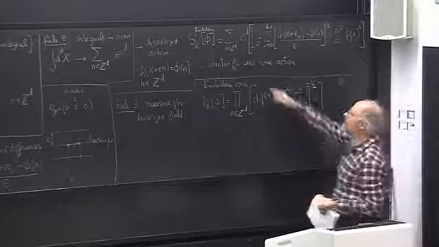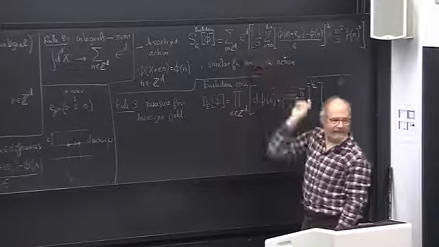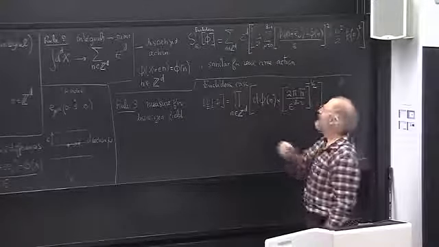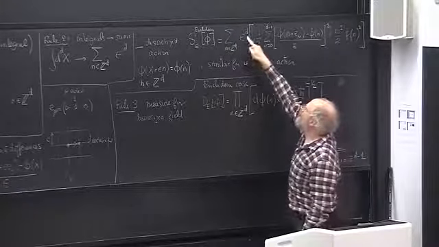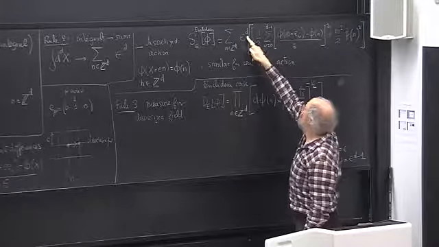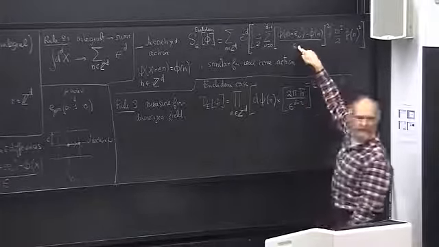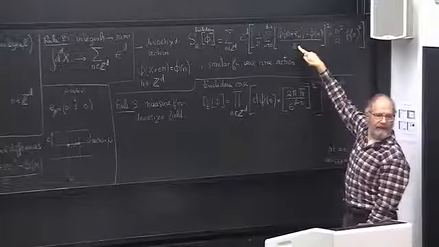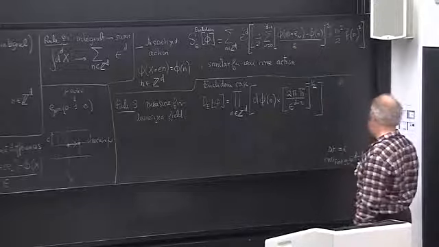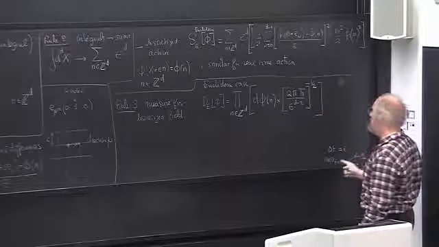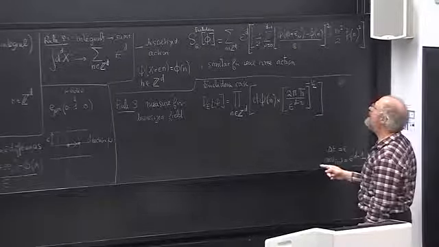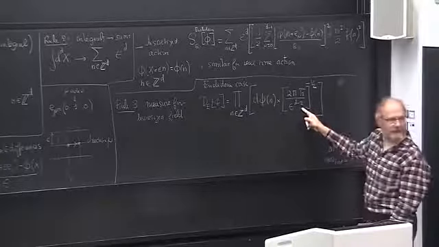There is one epsilon that comes from the time interval, and then there remains epsilon to the d minus 1 divided by this. So if you play this game, you end up with epsilon to the d minus 2.